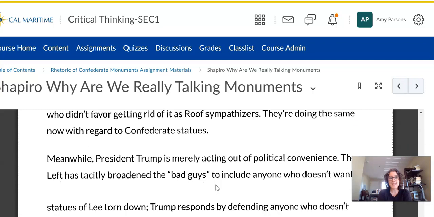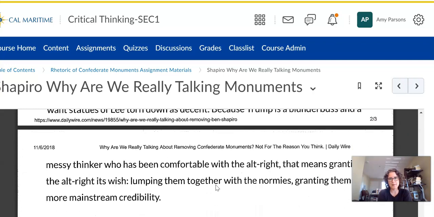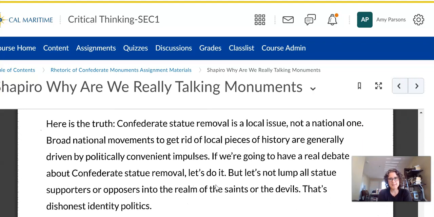And in the end, he says, if we're going to have a real debate about Confederate statue removal, let's do it, but let's not lump all statue supporters or opposers into the realm of saints or devils. And I think that is an excellent point.